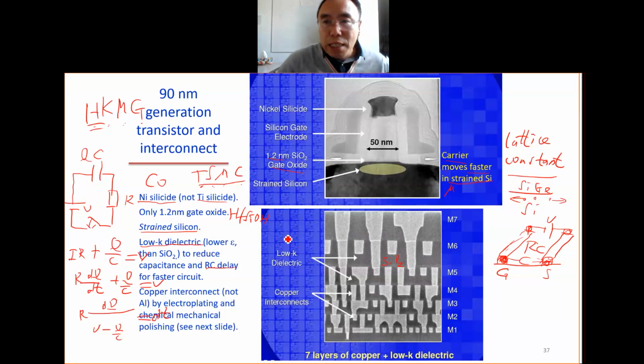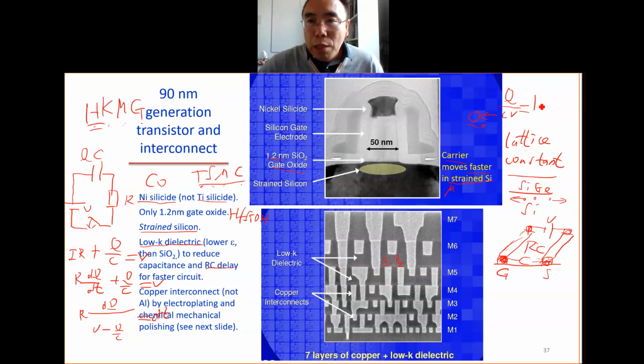In the end, you get the equation: Q over CV, where CV is the maximum, Q0, equals 1 minus e to the minus t over RC.